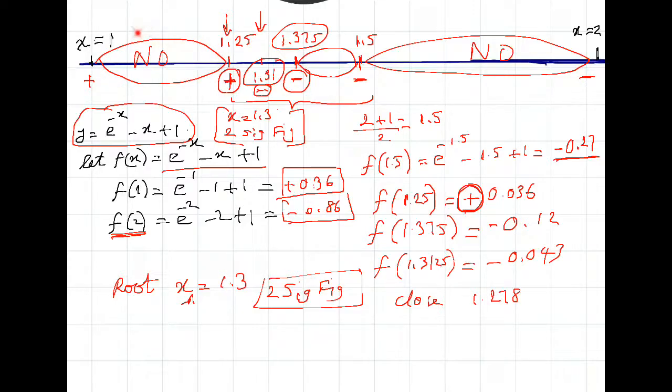The curve is not crossing the x-axis, and it won't cross it in this area between 2 and 1.375. So it's crossing somewhere down here, and that will give us the root, the only root of this equation, a value of x equal to 1.3, and that is accurate to two significant figures. Okay.